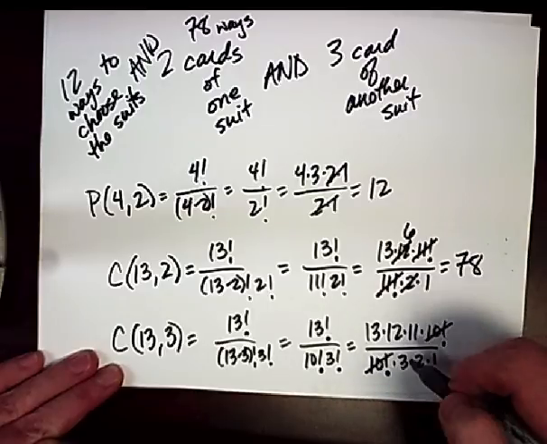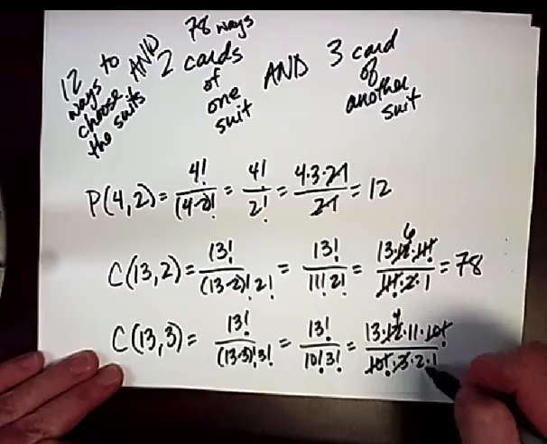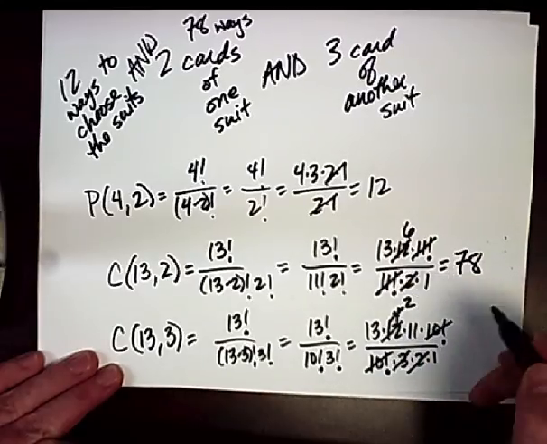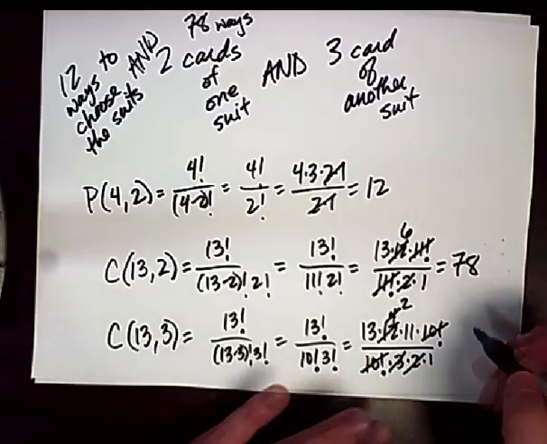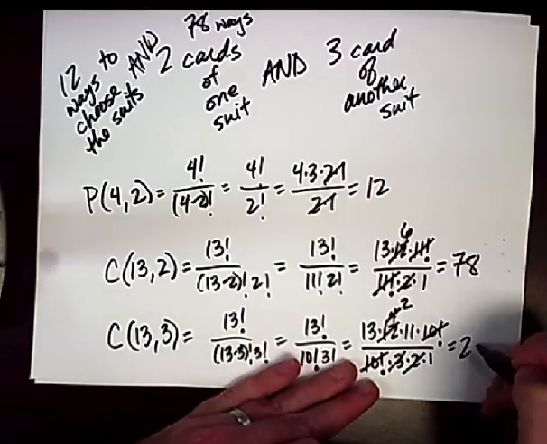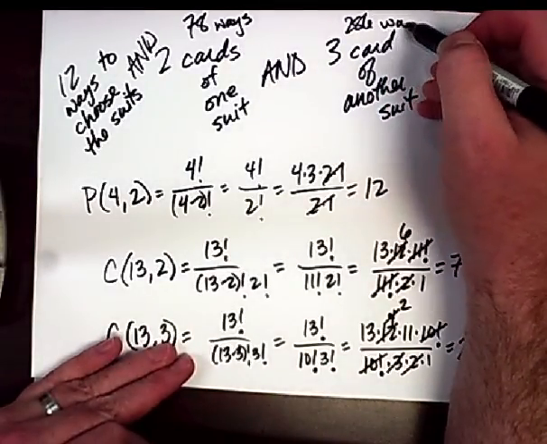Those cancel. 3 goes into 12 4 times. 2 goes into 4 2 times. So that's 13 times 11 times 2, and it is 286. So there's 286 ways to do that.